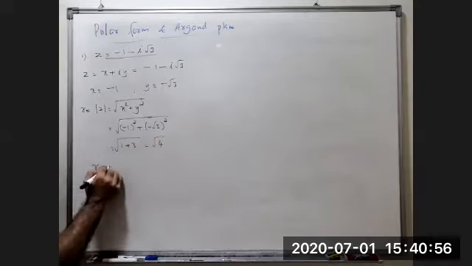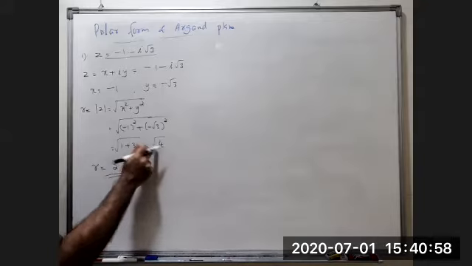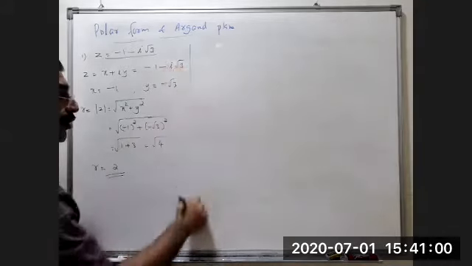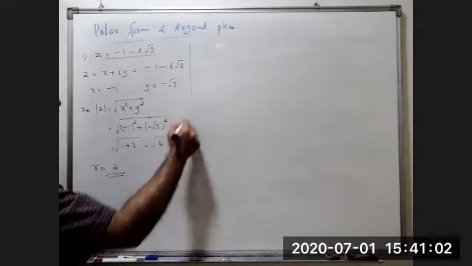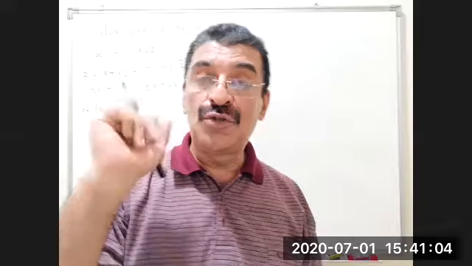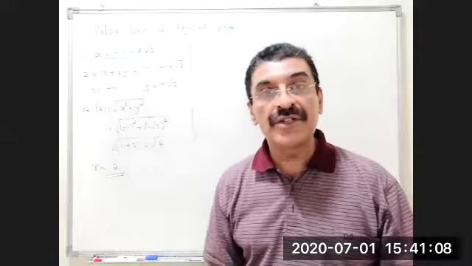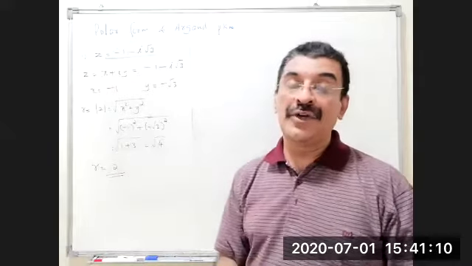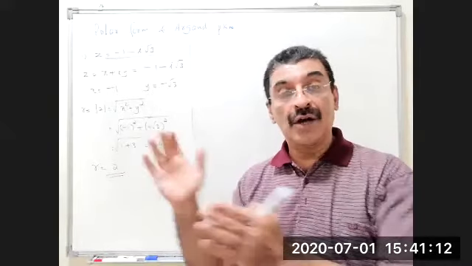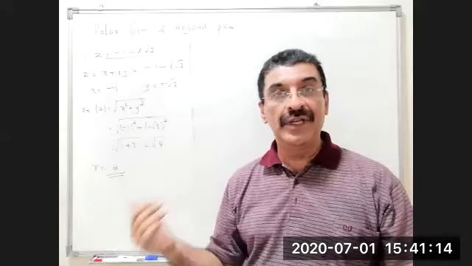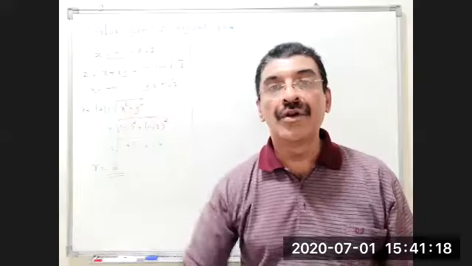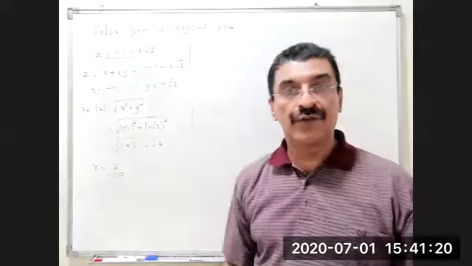So r is equal to root 4, which is 2. It is the positive square root. Root 4 is not plus or minus 2, it is 2 only. So if any complex number is given, it's very easy: x is the real part, y is the imaginary part, and modulus r is root of x square plus y square.